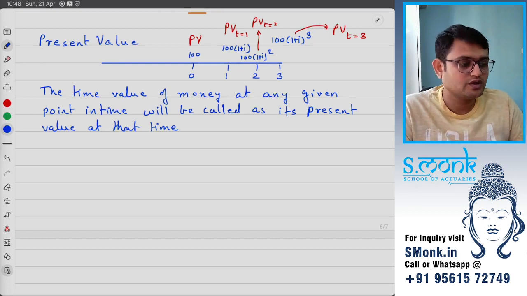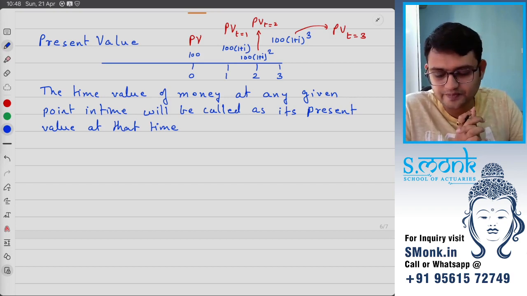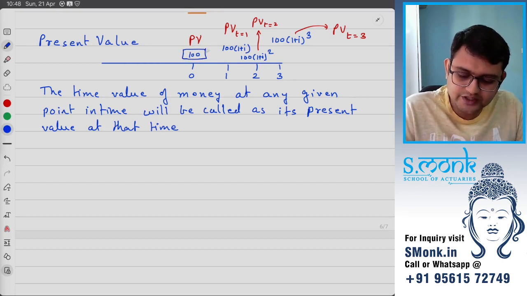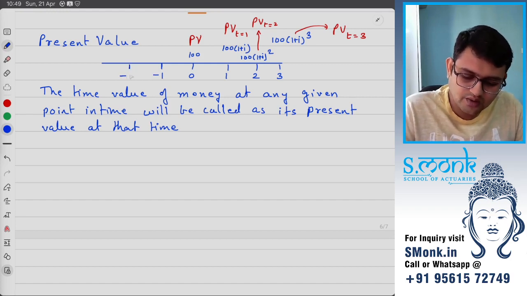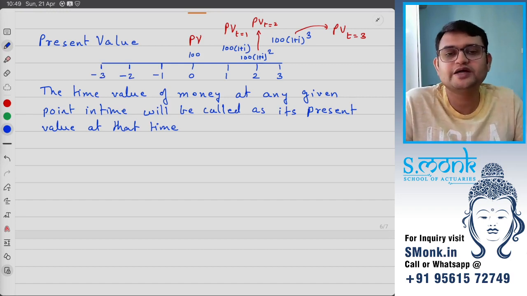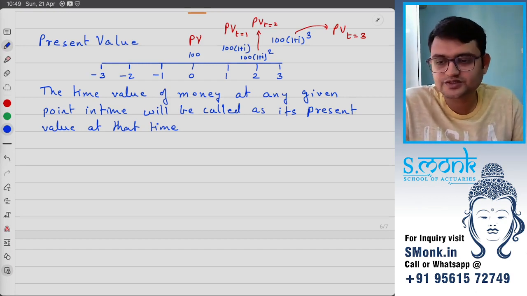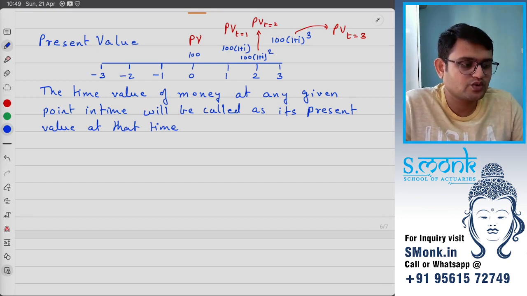Okay. Now a simple question. I would like you all to think about it and answer. So if I got this salary today, this 100 rupees I received today, can you tell me what would be the value 1 year ago? What will be the value of that money 1 year ago? I received the salary today of 100 rupees. What is its value 1 year ago?